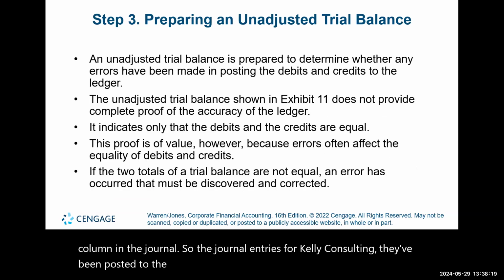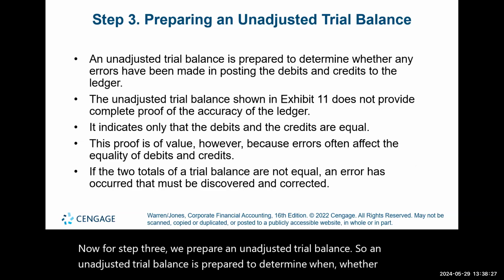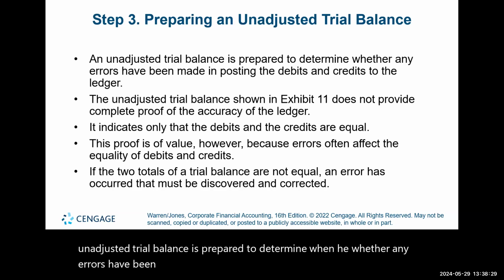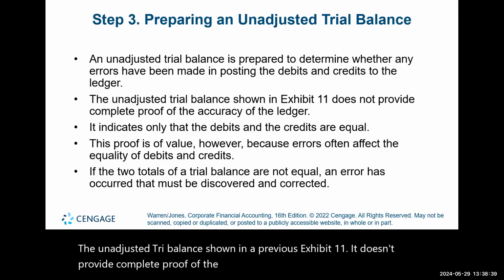Now for step 3, we prepare an unadjusted trial balance. So an unadjusted trial balance is prepared to determine whether any errors have been made in posting the debits and credits to the ledger. The unadjusted trial balance shown in a previous exhibit doesn't provide complete proof of the accuracy. Again, maybe it could have been recorded in an incorrect account.